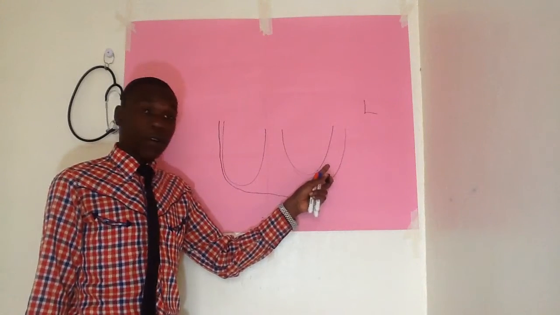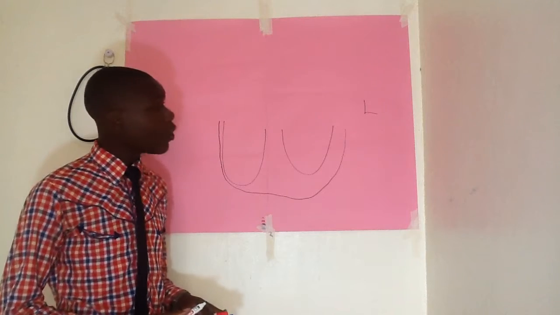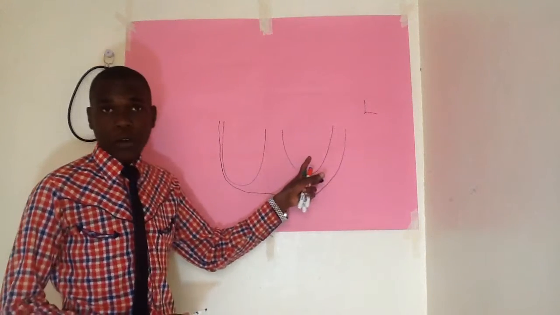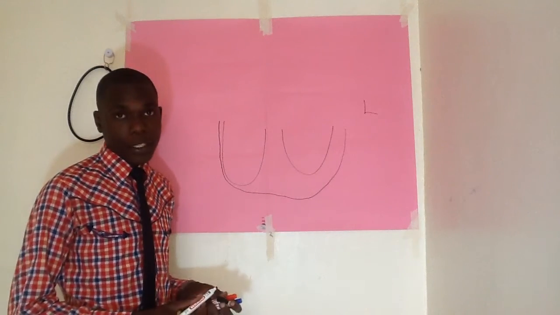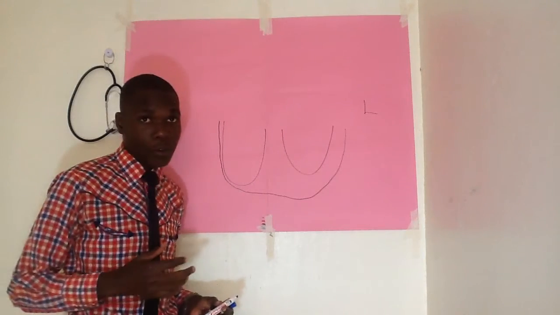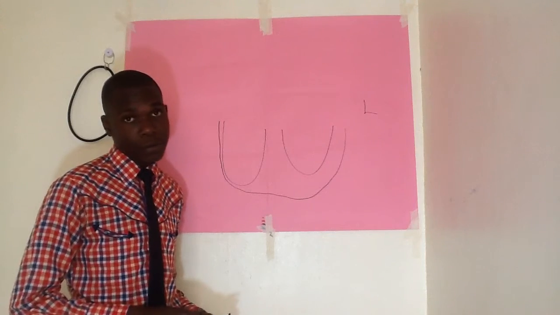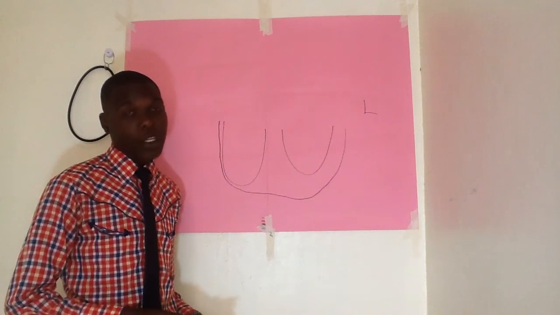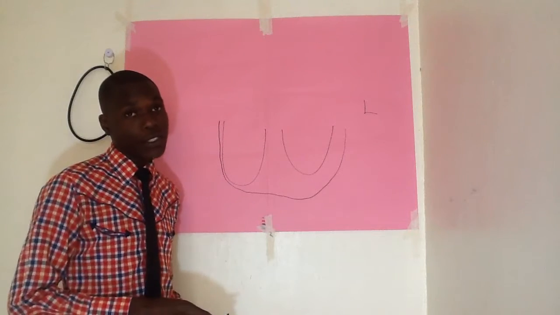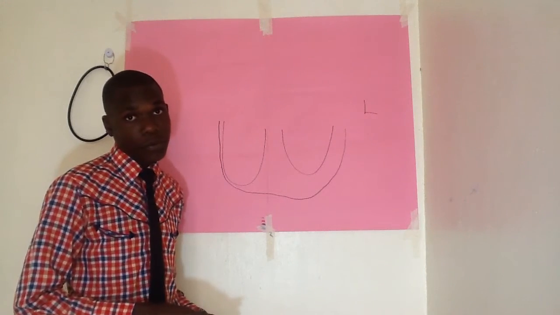The significance of the left ventricle having a thicker muscle is because the left ventricle is pumping blood all over the body, to the head, to the upper limbs, to the lower limbs, to the abdomen. So it is pumping blood to a longer distance, and blood is facing a greater resistance.